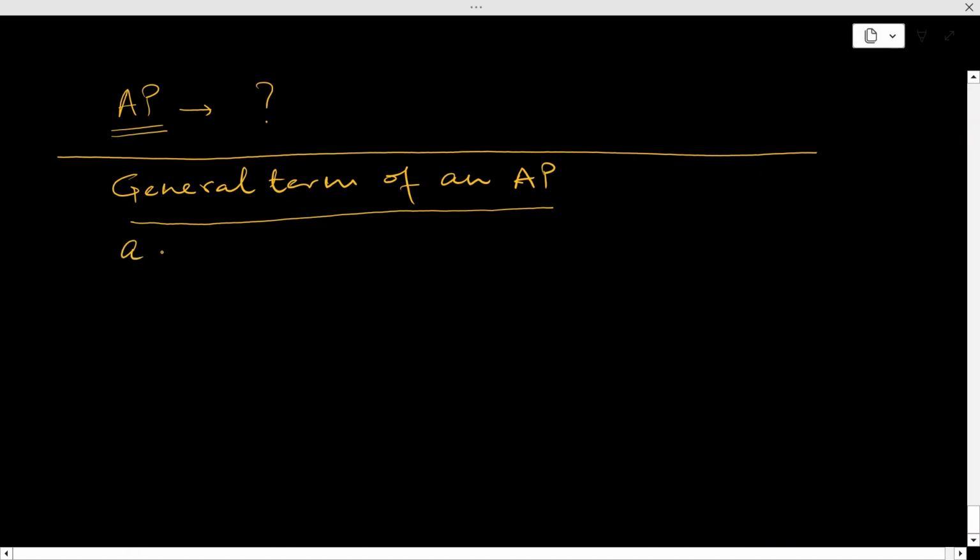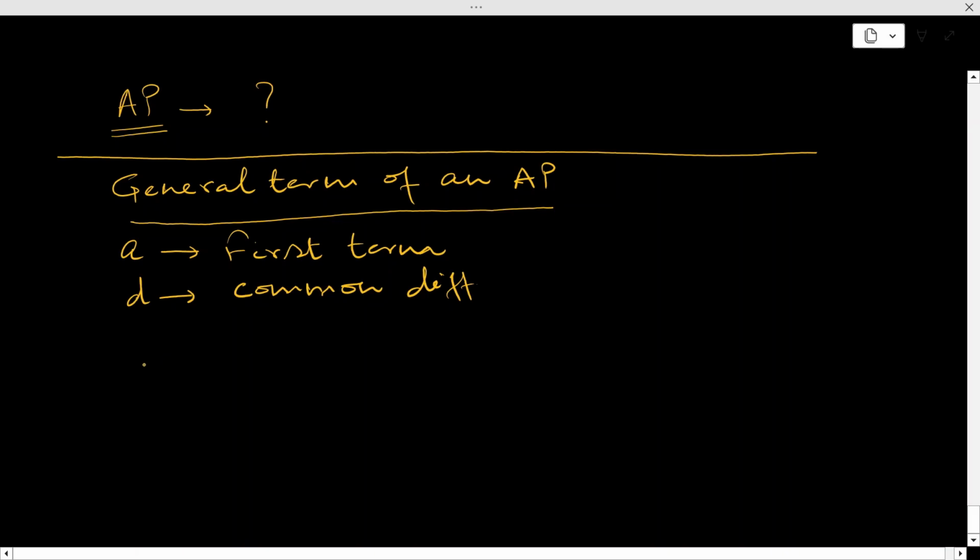So as we discussed in our last lecture, A is the first term. Whenever we have to deal with a problem related to an AP, we should have the information about the first term and the common difference. So let us represent this common difference by D. These are our standard notations.